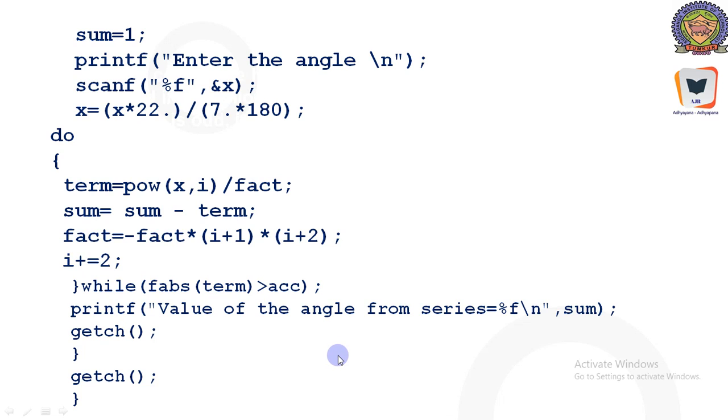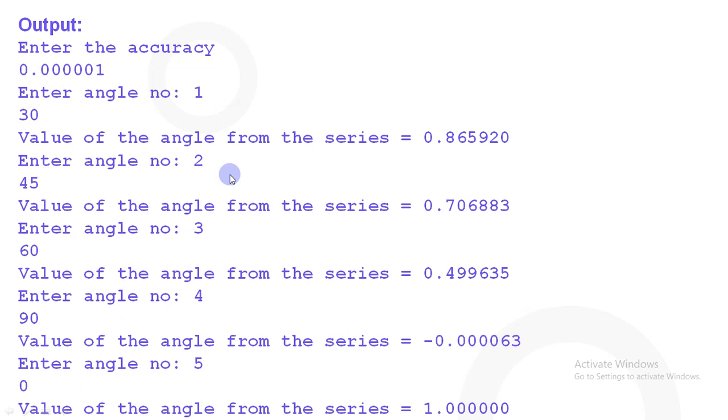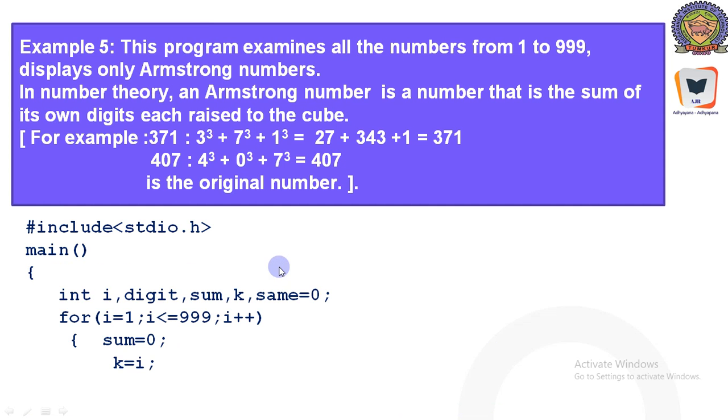You will definitely get a grip of this cosine series. Okay, value of the angle from the series is printed, and once again it will be going for the cycle till all the 5 angles inputted by the user will be completed. Okay, enter the accuracy. Everything is calculated over here. This is a typical screenshot, of course, colored.